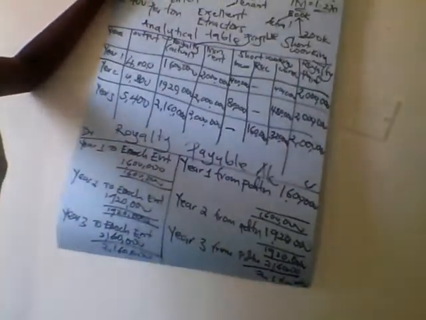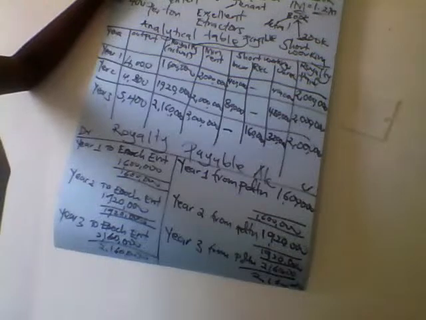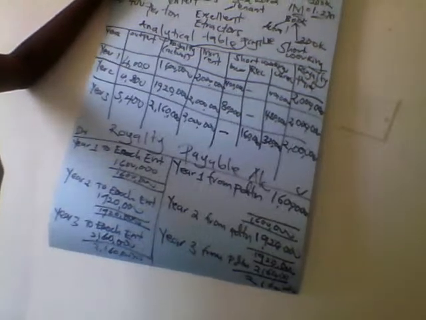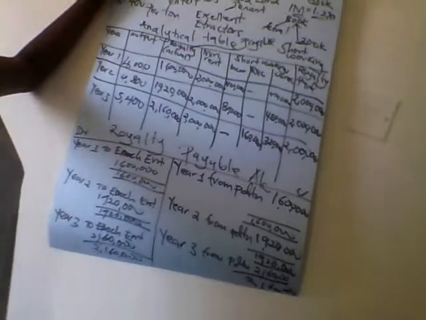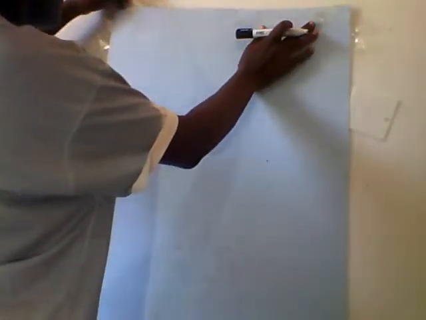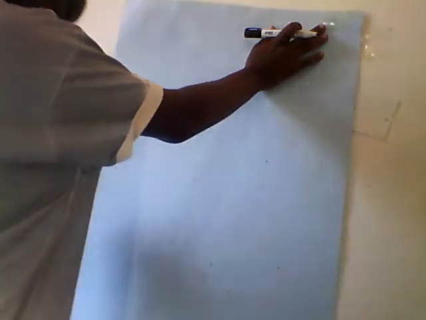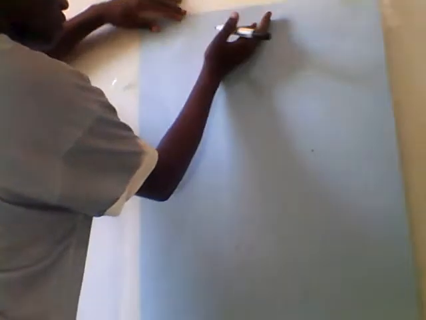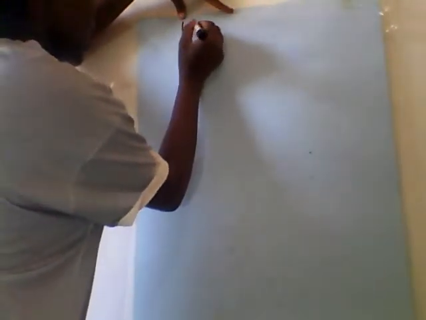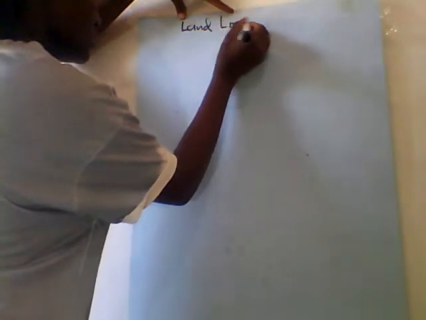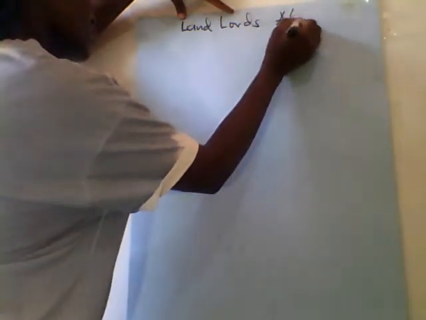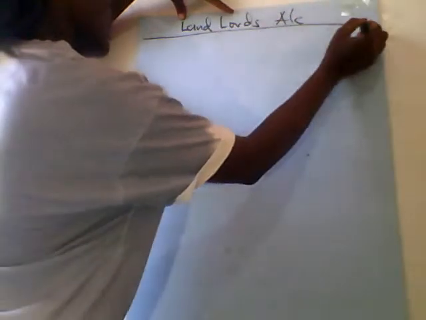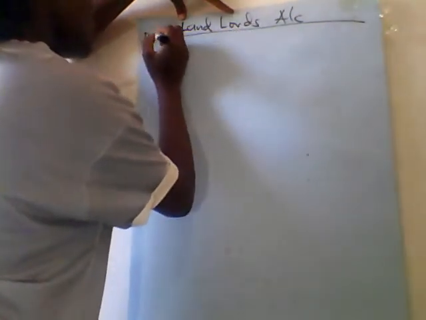Then the next account they asked for is the landlord's account. I'm going to use this side. The landlord's account. So debit, credit.